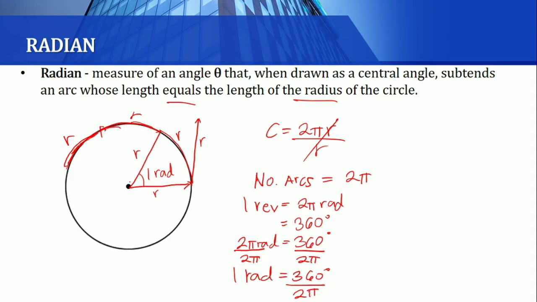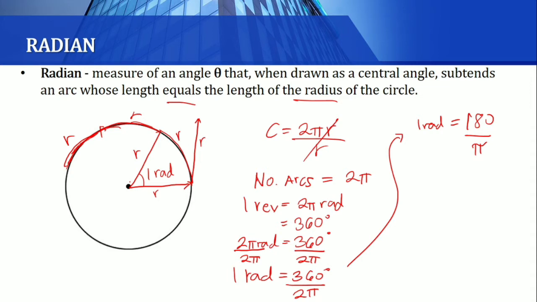So, pag i-simplify natin ito, 1 radian is equal to, 360 divided by 2, so that will be 180 over pi. So, ito yung magiging gagamitin natin para mag-convert ng radians to degrees.